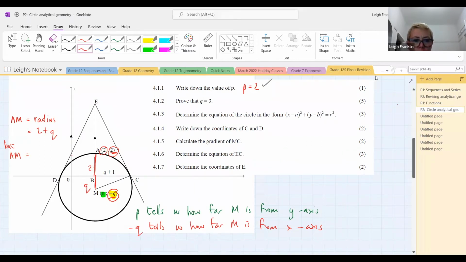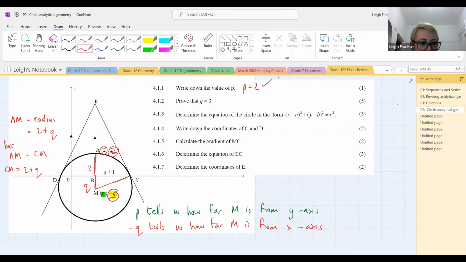Okay, so MC or CM is also a radius, quite right. So from M to C, that's also a radius. We can say that AM and CM are equal to one another because all radii are equal. So that means that CM is also 2 plus Q units in length.